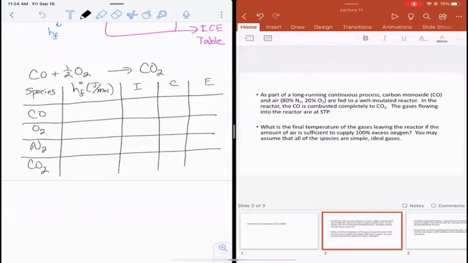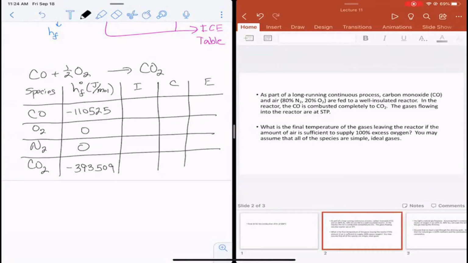The heat of formation for CO is minus 110,525. For oxygen it's 0, for nitrogen 0, and for CO2 it's minus 393,509.